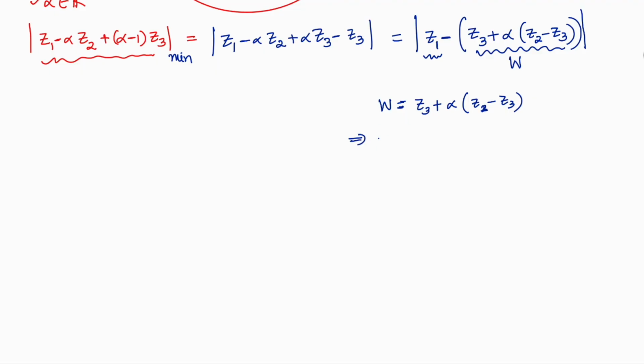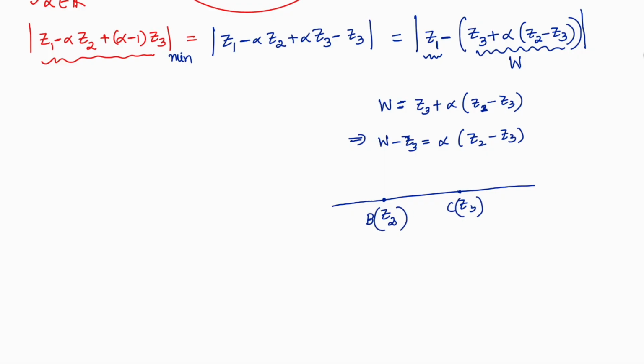So from this statement, we understand that w minus z3 is nothing but alpha times z2 minus z3. That means, let me take these 2 points z2 and z3. Let's say this is BC. So w minus z3, think of this as a vector. It is like a bar is lambda times b bar type. That means these two vectors are collinear.